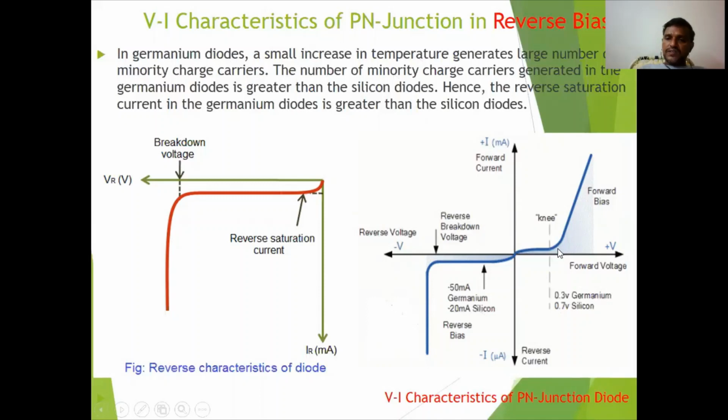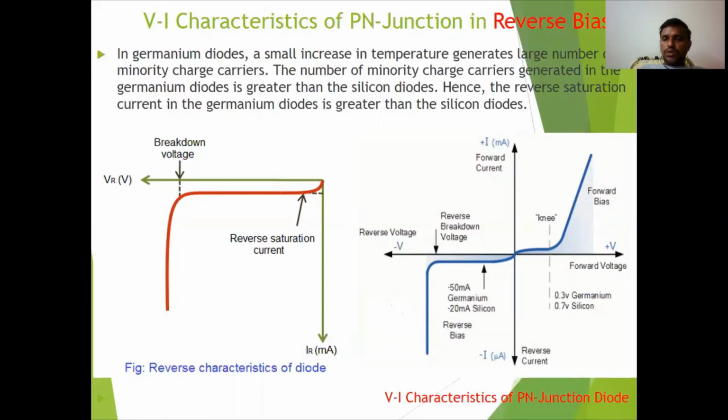When it reaches its cut-in voltage, that is 0.3 volts for germanium and 0.7 volts for silicon, in the forward bias condition the depletion region reduces and the current rises sharply, rapidly. That means more current will flow from P to N, that is from the P-type to the N-type material. So this is the complete characteristics of the p-n junction diode.